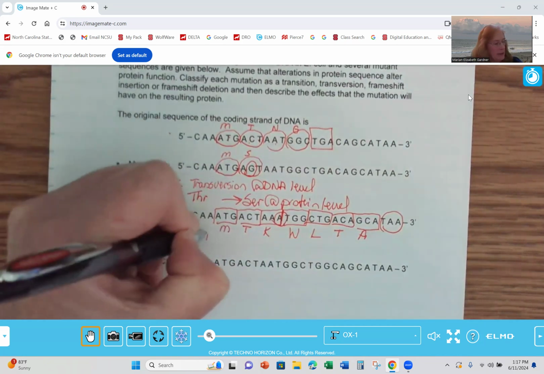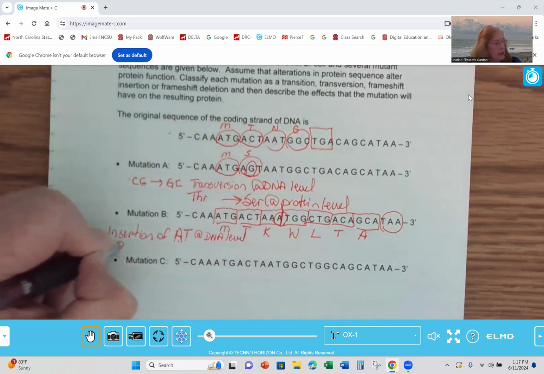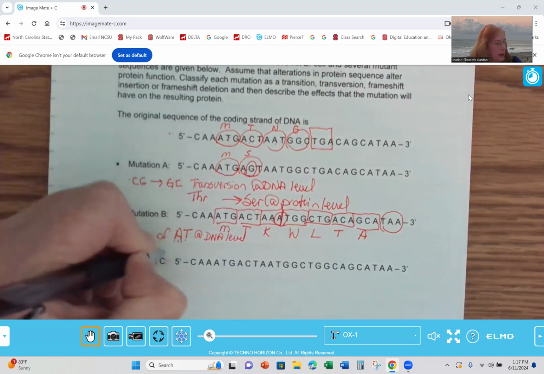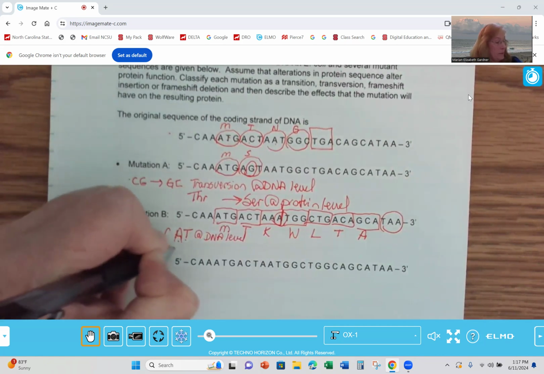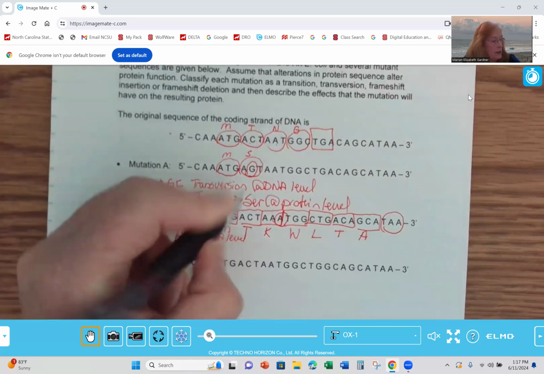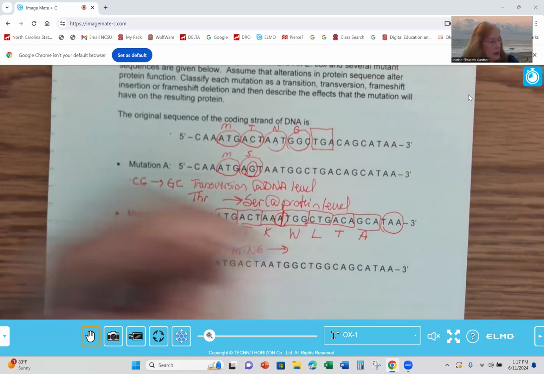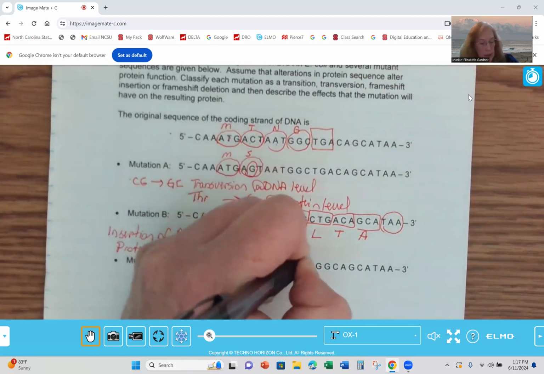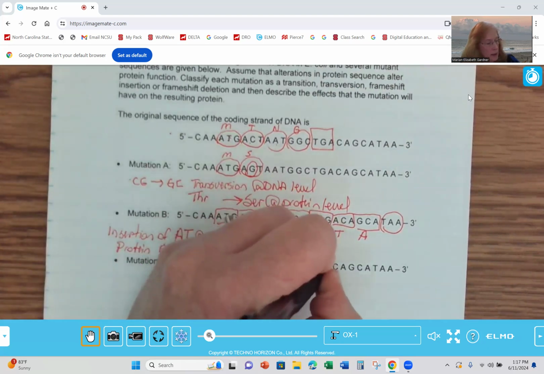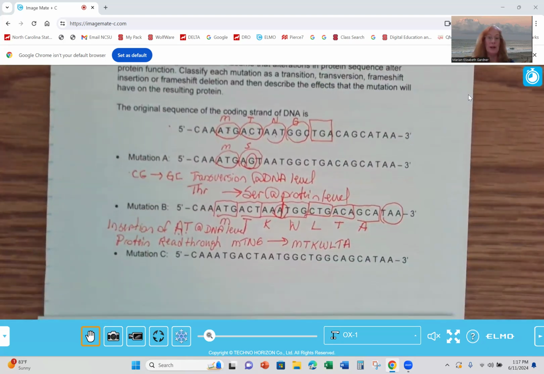And at the protein level, it's a read-through. The sequence went from M, T, N, G to M, T, K, W, L. So it's a much longer protein.